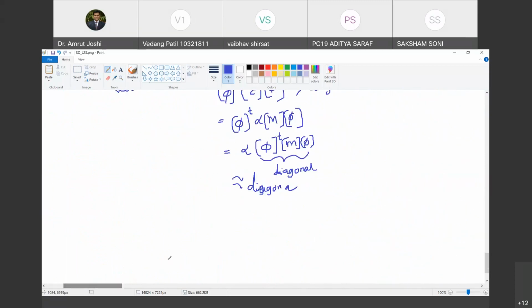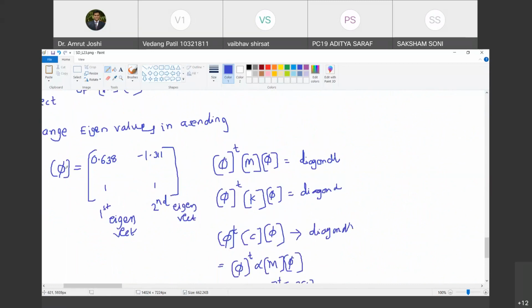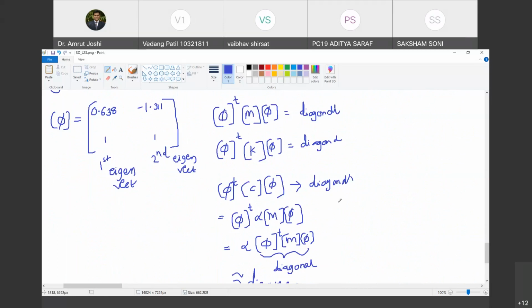See, what did we prove in the last class? Phi transpose M phi is diagonal. Do you agree with me? Similarly, phi transpose K phi is diagonal. Up to here there was no problem. We examined whether phi transpose C phi is diagonal or not. And how did we do that? If it is mass proportional damping, it becomes phi transpose alpha times M phi, which is alpha times phi transpose M phi.